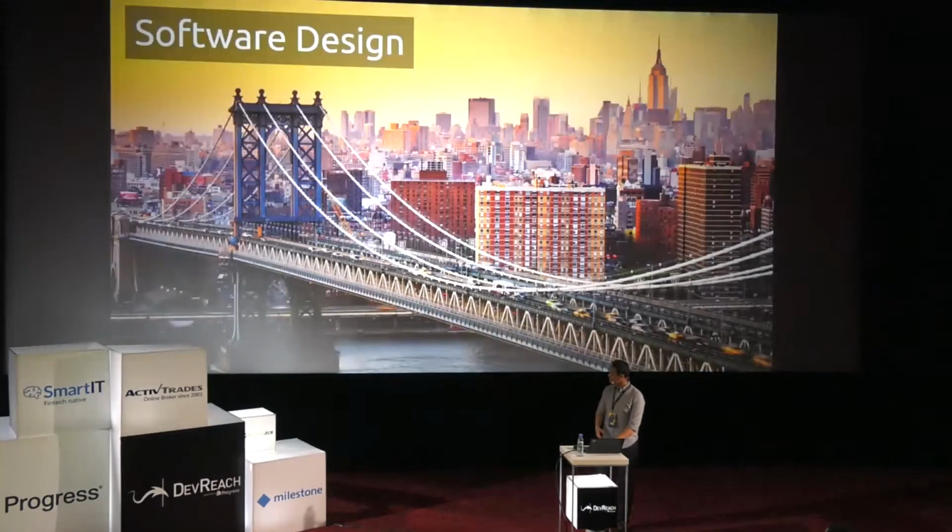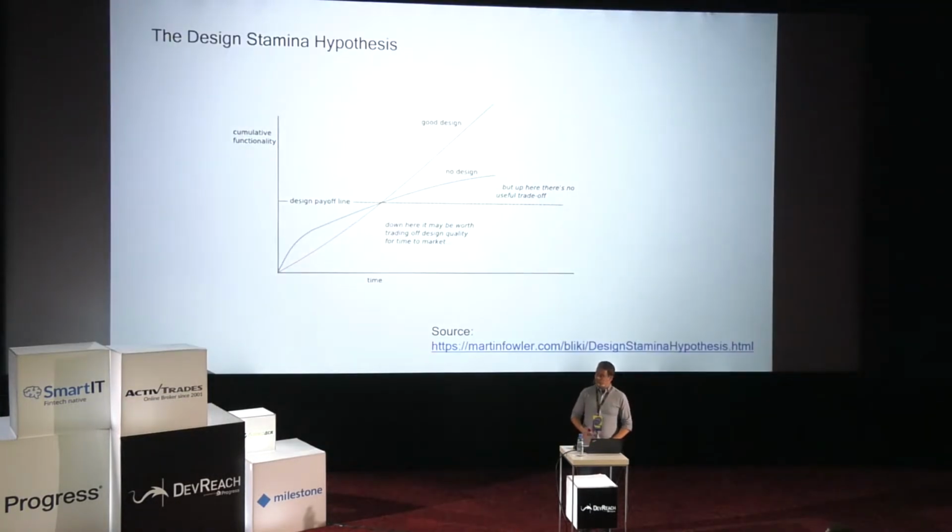So we've got a slide about software design, and I want to tell you why it's important. This is the diagram from Martin Fowler, and you can find the article on his website, where he discusses that usually design activities take up time and effort, but the argument here is that they pay off in the long run.